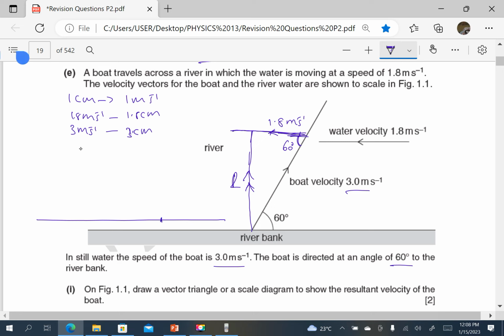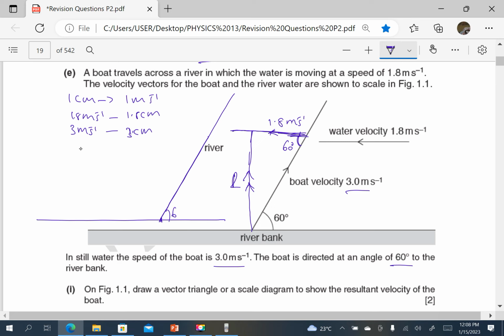Then I'll measure an angle of 60 degrees from the horizontal. So I put on my protractor, and I think 60 is around here. So I'm measuring 60 degrees. So that line is for 60 degrees.